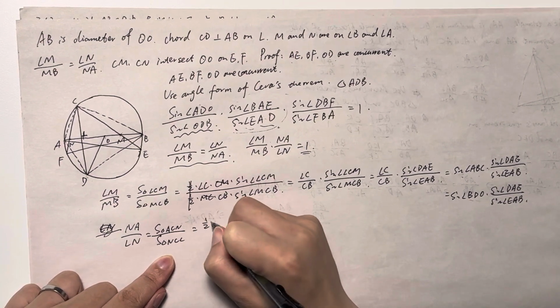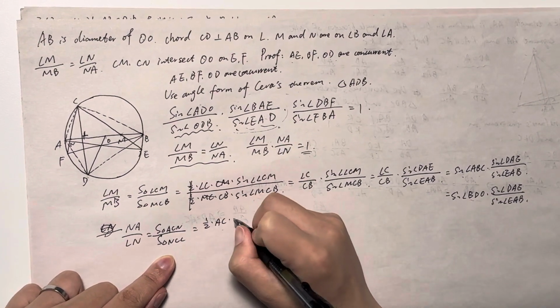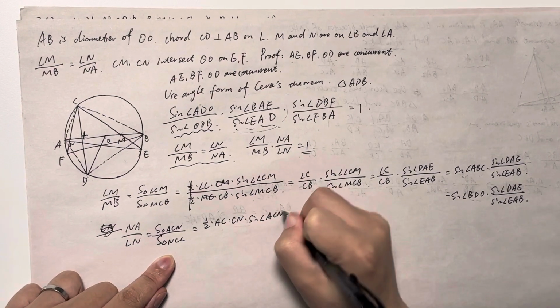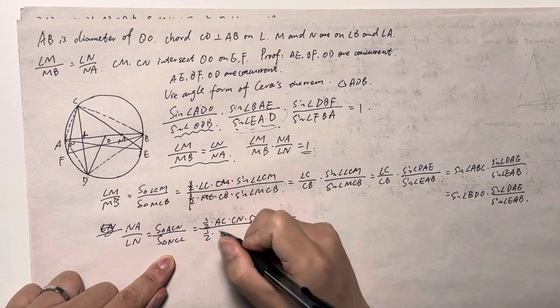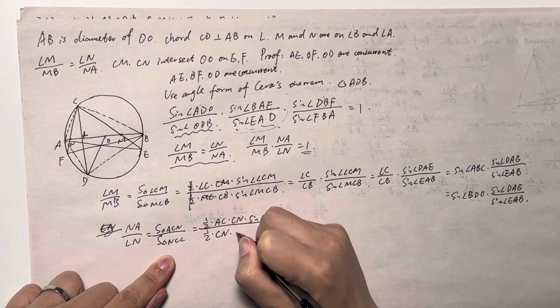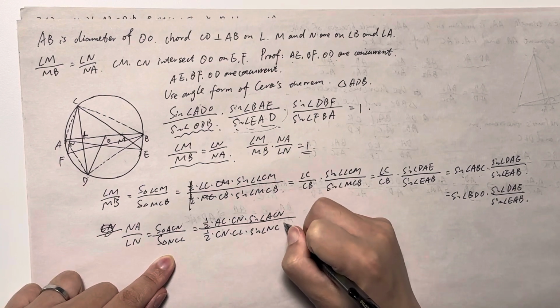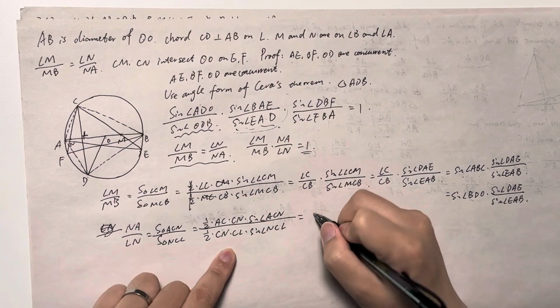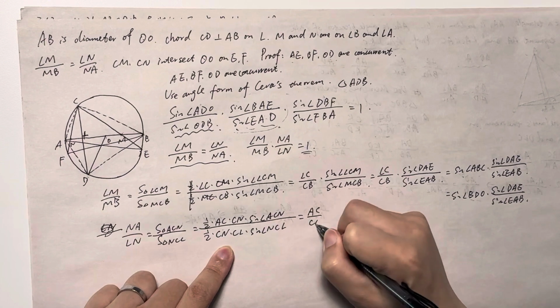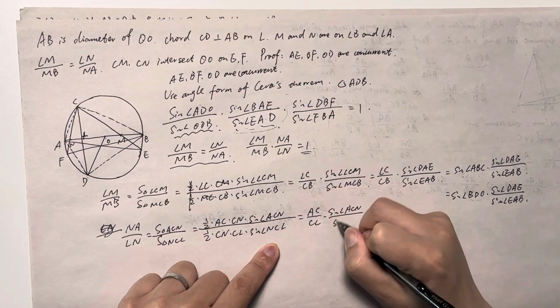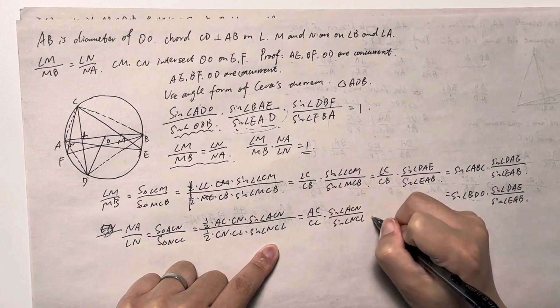It equals half times AC times CN times sine angle ACN divided by half times CN times CL times sine angle NCL. It equals AC divided by CL times sine angle ACN divided by sine angle NCL, right?